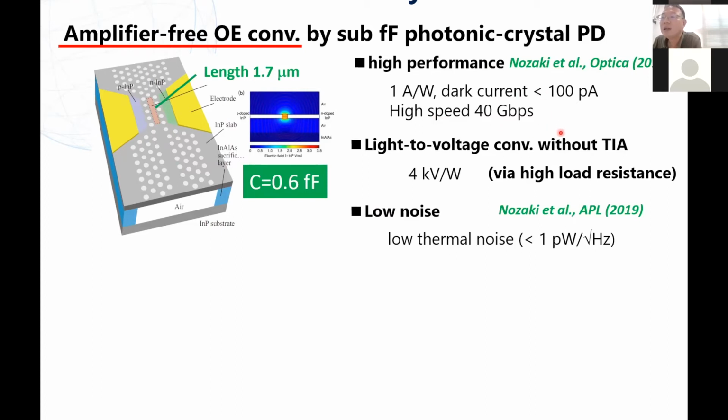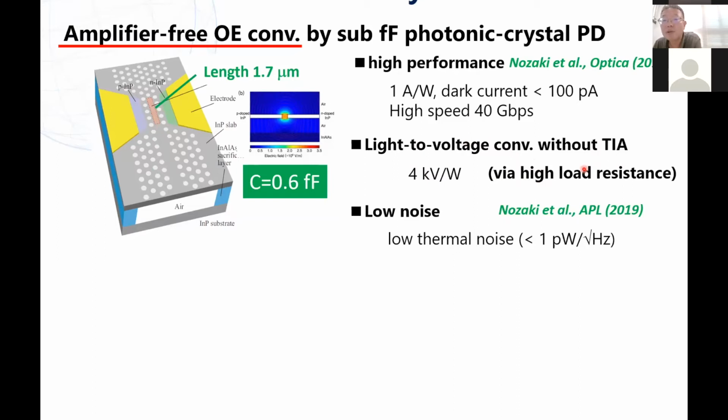Also, an important point is that because this capacitance is so small, we can add a high load resistance to the photodetector, and we can generate a large voltage without use of a transimpedance amplifier and without sacrificing the operation speed. Importantly, the optical power to voltage conversion efficiency is 4 kilovolt per watt, which is even better than that of a conventional photodetector with a transimpedance amplifier.